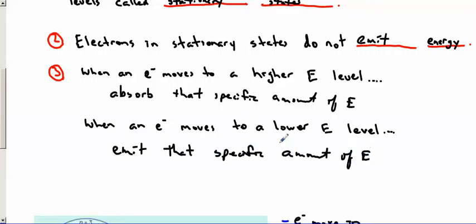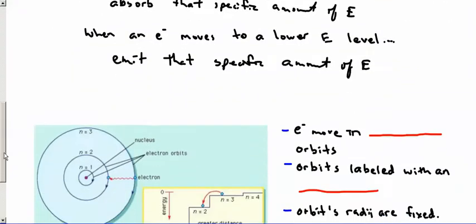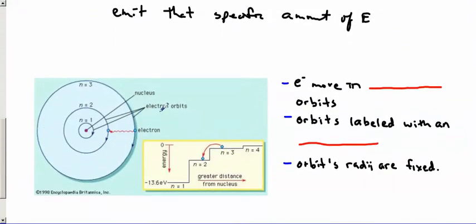Okay. And I have a little picture here from Encyclopedia Britannica of the Bohr model. So electrons move in, he said, circular orbits. Orbits are labeled with an integer. The closest to the nucleus is called level 1, then level 2, then level 3.